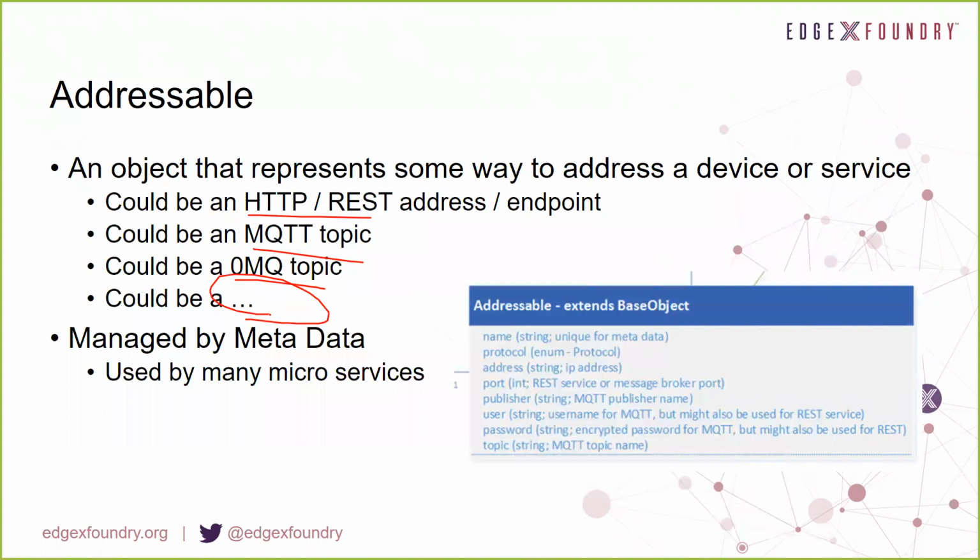Now, addressables are managed by metadata and used by many microservices. Yes, they are used by metadata objects, but you'll see them used throughout EdgeX in different areas. Whenever we need to know the address of something, we use an addressable to help identify where that's located, providing some flexibility as to how we get to that particular service or facility or thing that we need to communicate with.